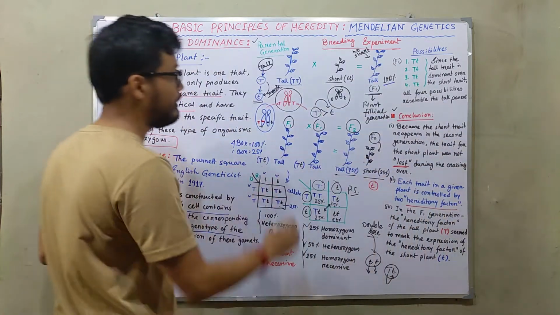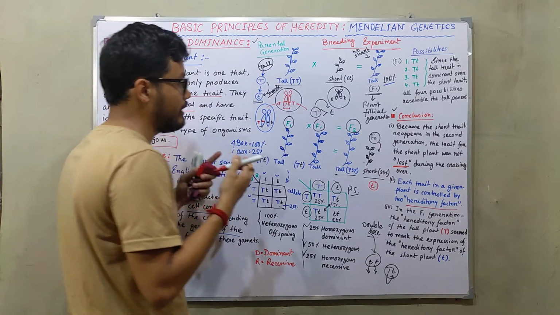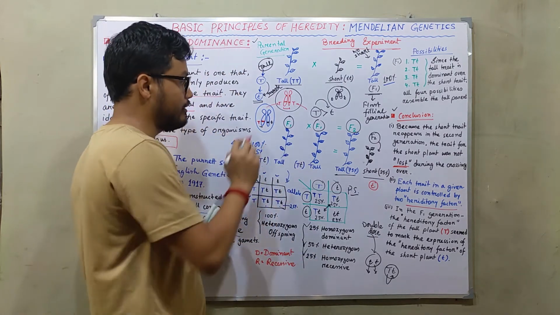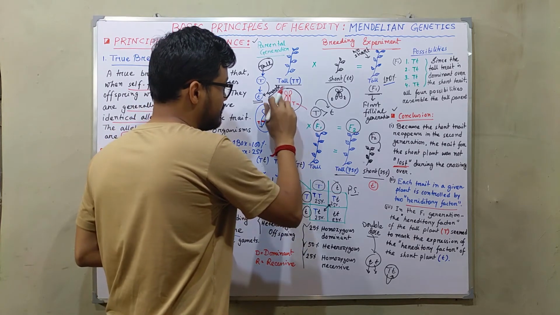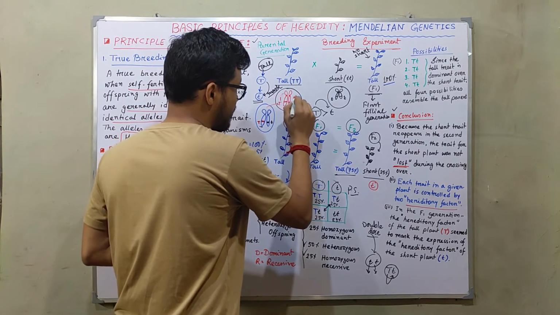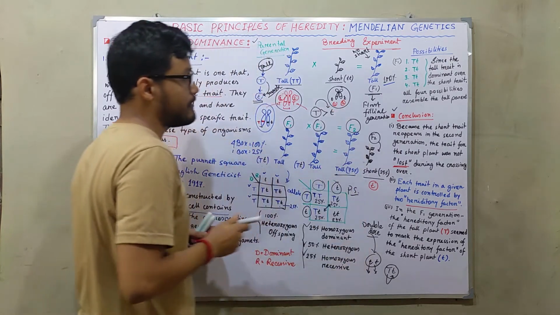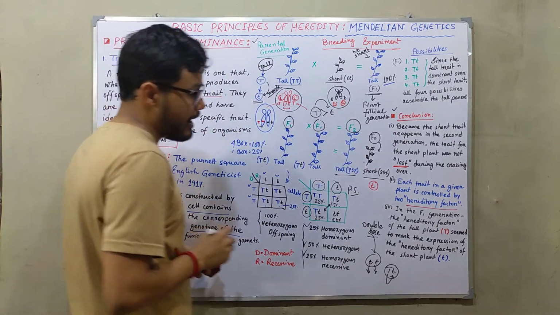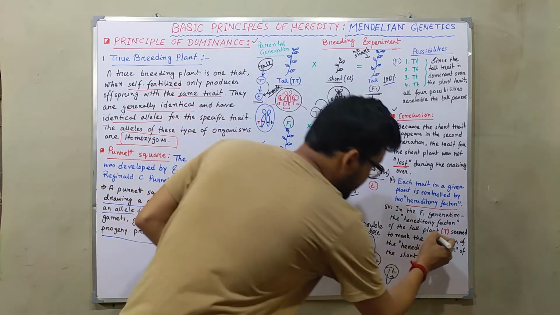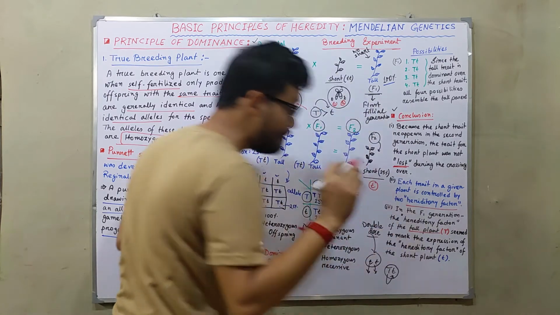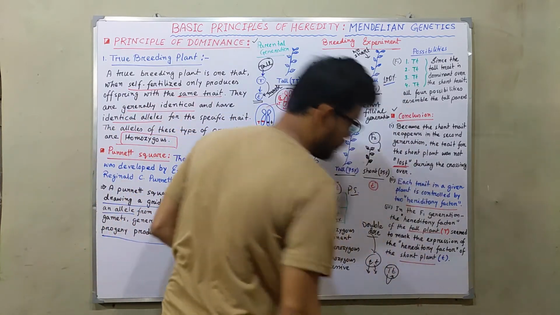As I told earlier, two genes are present, that means two corresponding chromosomes are there and two alleles are there. So this is the first hereditary factor and this is the second hereditary factor. And in the F1 generation, the hereditary factor of the tall plant, that is capital T, seems to mask the expression of the hereditary factor of the short plant, that is small t.